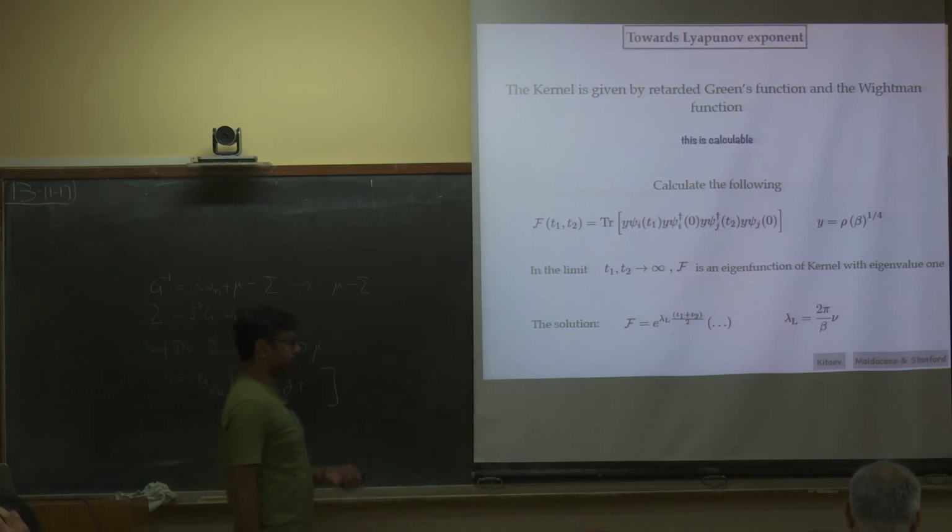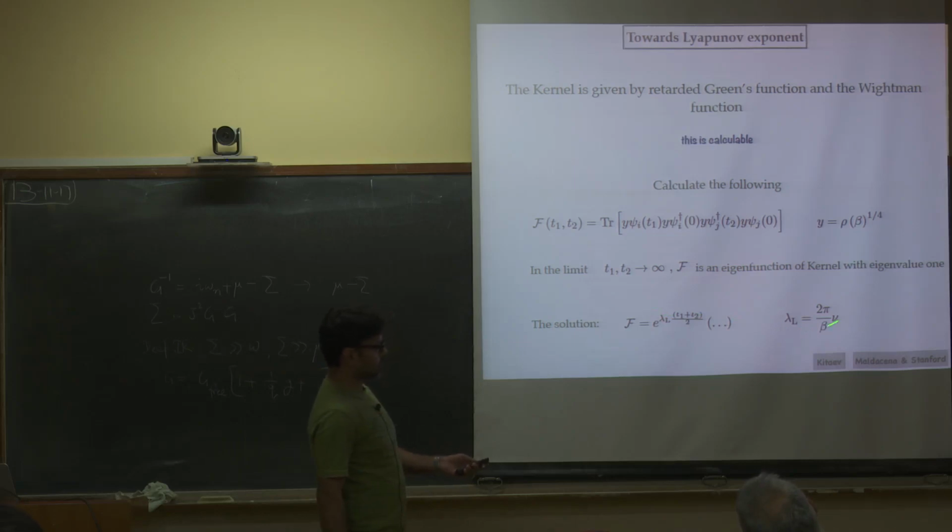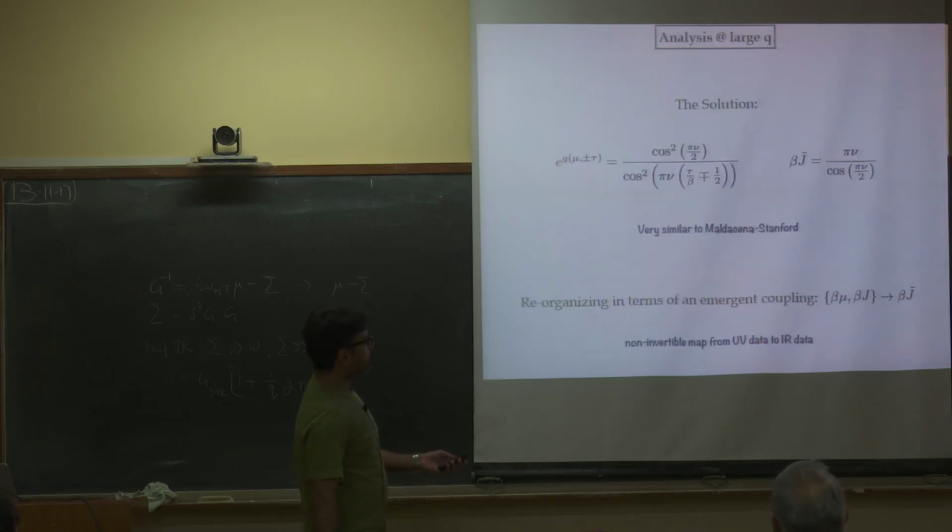So this is what you have to find, and if you use an ansatz of this form, where your f goes like this, then you can indeed find that this is the eigenfunction with eigenvalue 1, provided you identify lambda with this parameter. That's essentially the outcome of the calculation, which is very simple at the end of the day. So this nu is the parameter that appeared earlier in terms of the effective coupling.